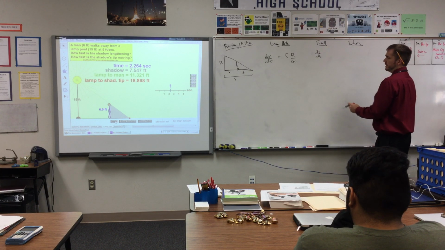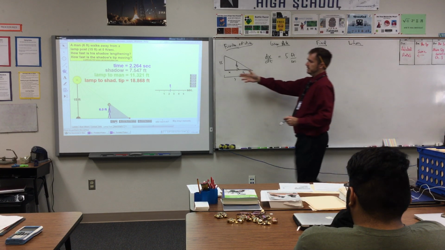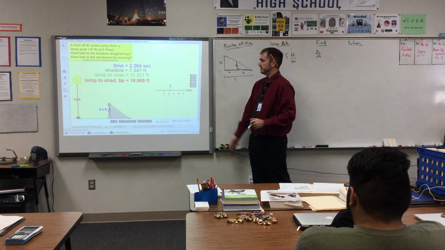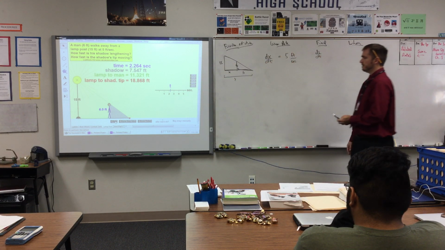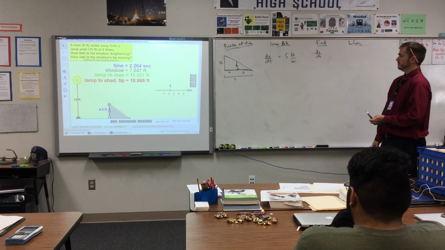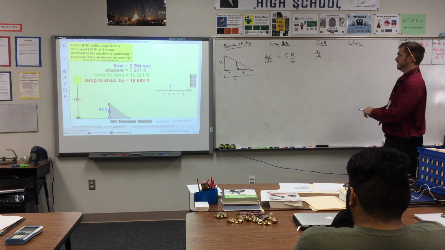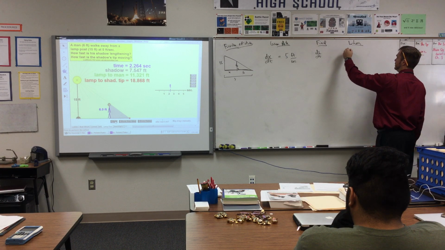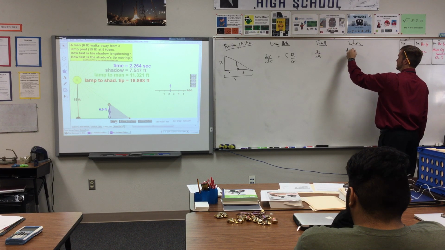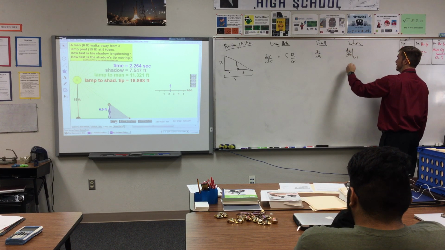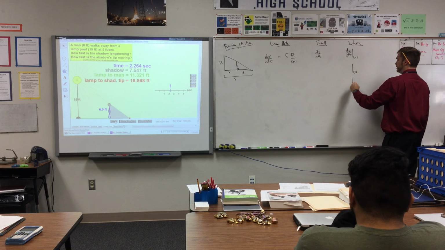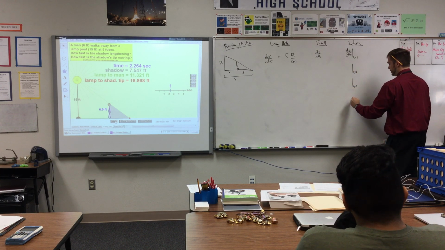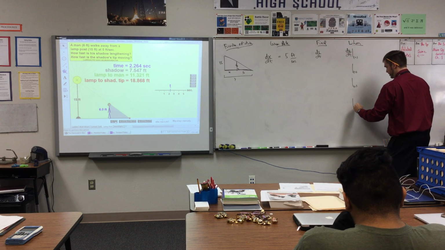I'll put that here in green. They actually have 5 different times here: time 1, 2, 3, 4, and 5. So I guess we could figure that out. At time t equals 1, I guess. So ds over dt when t equals 1, when t equals 2, t equals 3, t equals 4, t equals 5.